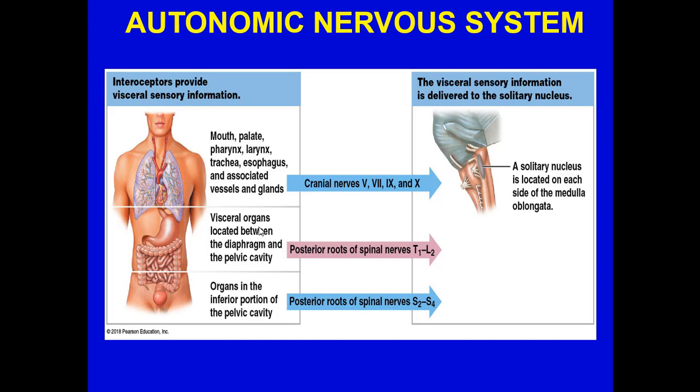Gosh, that sounds like most of the digestive organs. And finally, the posterior roots of the spinal nerves, the organs in the inferior portion of the pelvic cavity, that again is parasympathetic, okay? And all of this is going to get processed and delivered to the solitary nucleus.